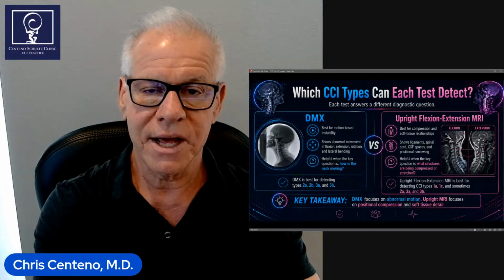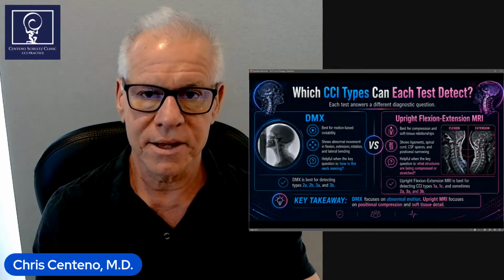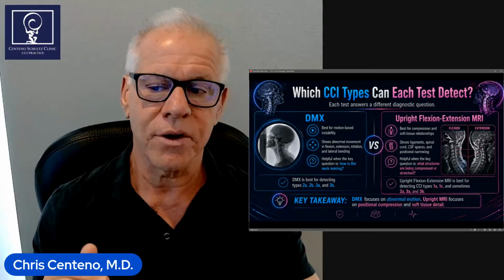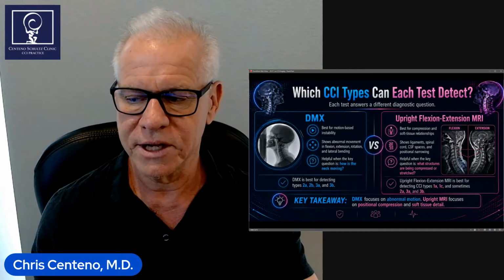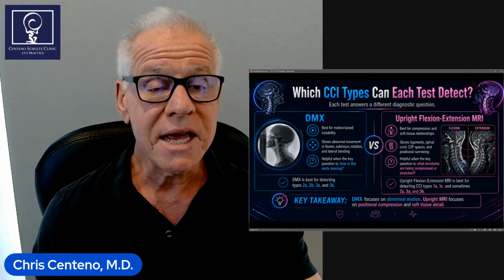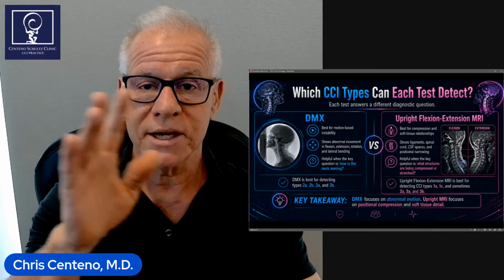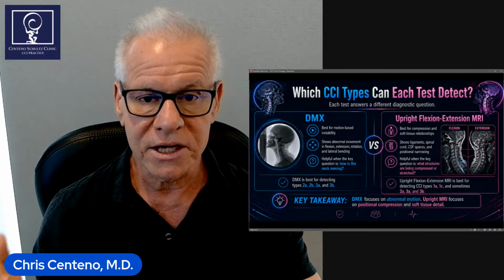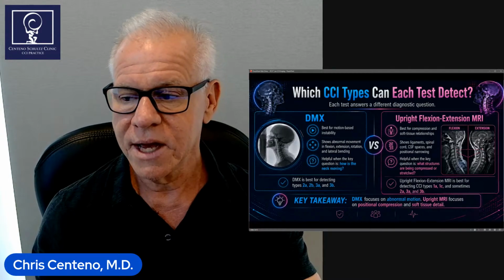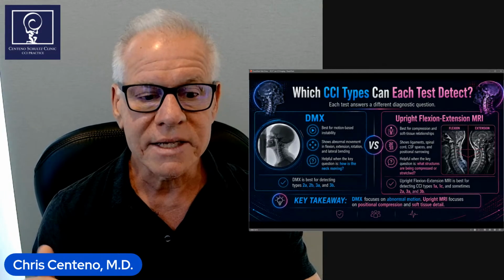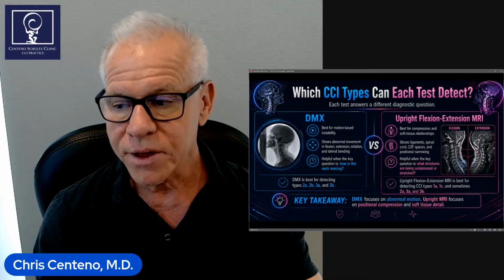Now there are other types there, type 1B, too far back this way, type 1D, rotational, type 1E, vertical, but I'm just talking about the most common ones here. DMX doesn't do well with those type 1s, whereas upright flexion extension MRI does do well with those type 1s.